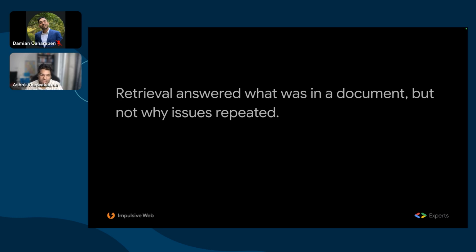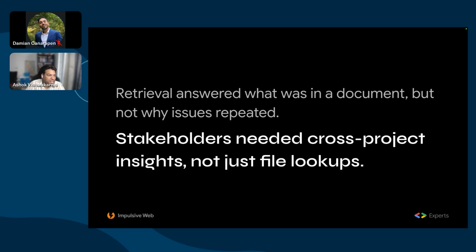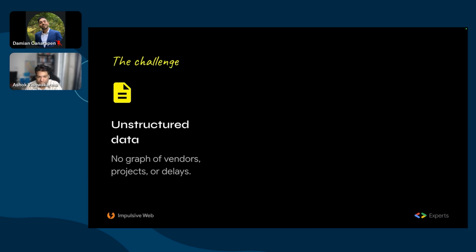It's a very basic problem. When we built our first level of solution, which was completely based on retrieval and RAG, it was just giving the answers that were asked, but not giving any insights or any other lookups or relationships around that.